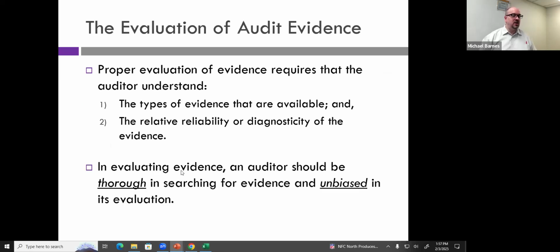All right, evaluation of audit evidence. Evaluation of evidence requires the auditor to understand the types of evidence that are available. So what types of evidence can we gather in a particular context for a particular assertion, a particular category of evidence, and the relative reliability or diagnosticity of the evidence. We talked about reliability. This term diagnosticity sounds like a technical term, and it is.